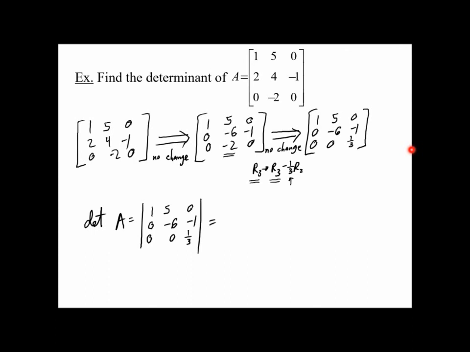And that is equal to 1 times negative 6 times 1/3, which would be negative 2. Basically, if you're doing row reduction to try to calculate the determinant, you have to be real conscious of which changes you are making, because as you make changes, sometimes that does change the value of the determinant.